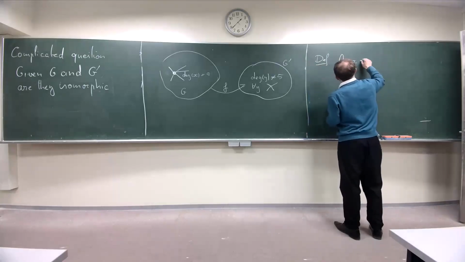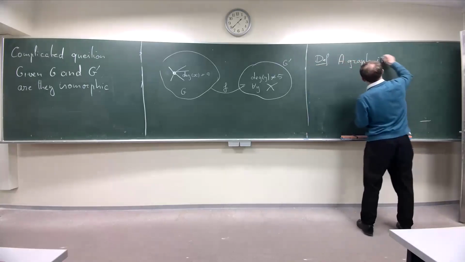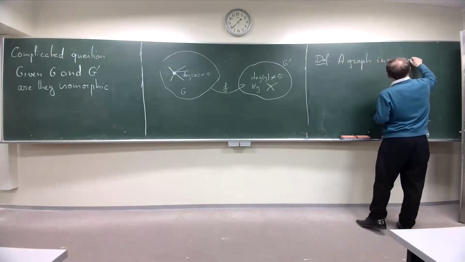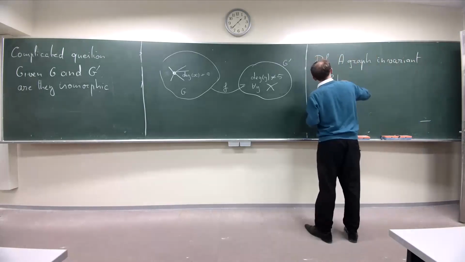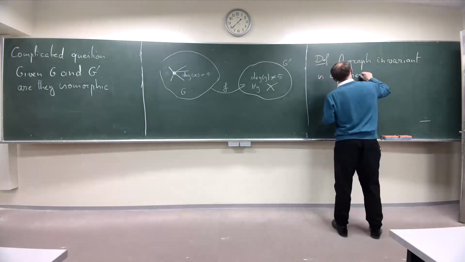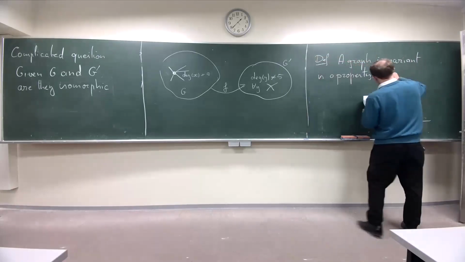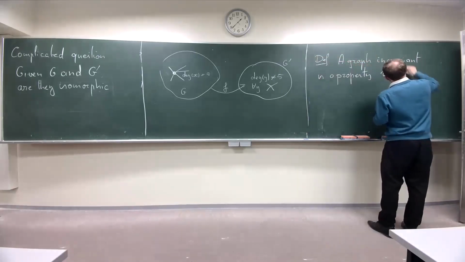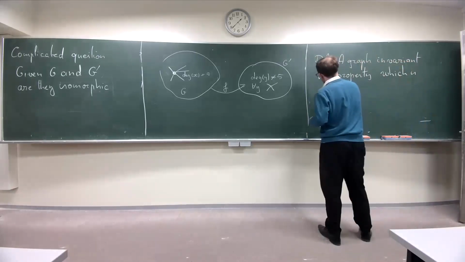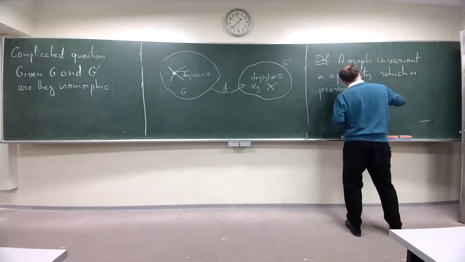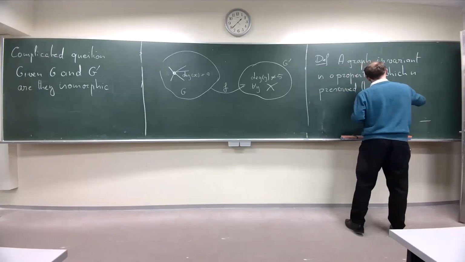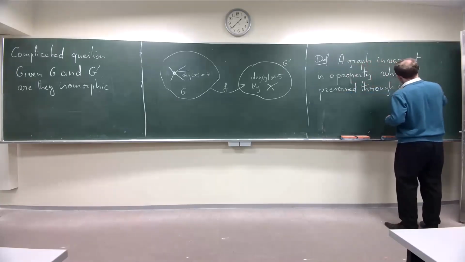A graph invariant is a property which is preserved through isomorphism.